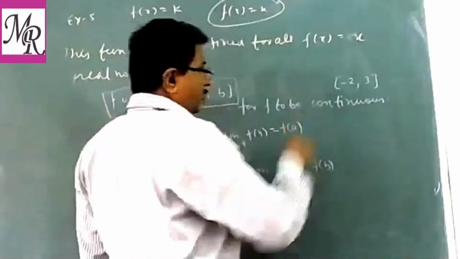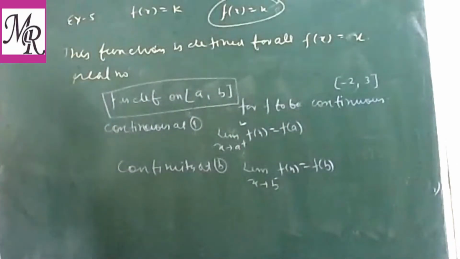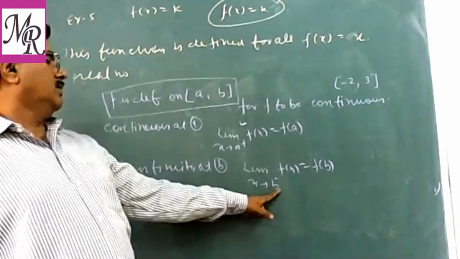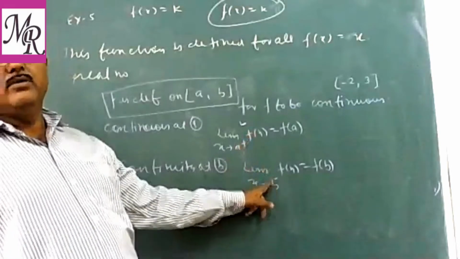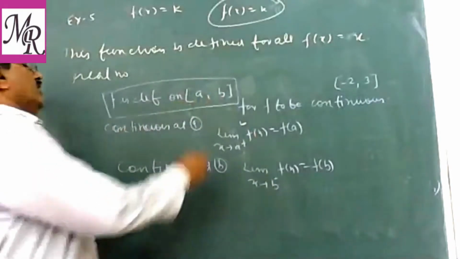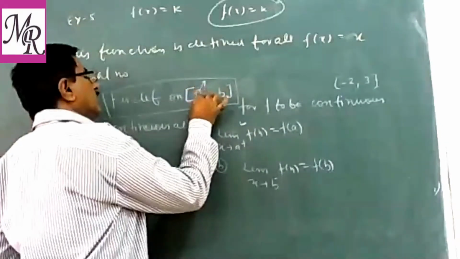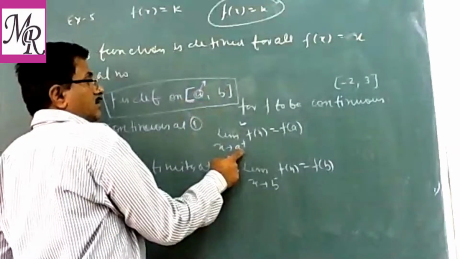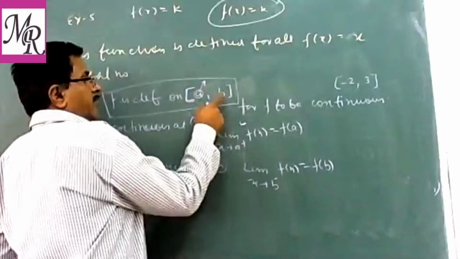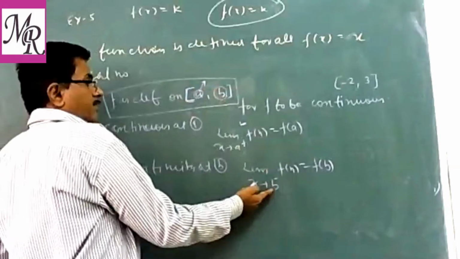अब यहाँ पे अपने दो पॉइंट बहुत इंपॉर्टेंट दिया है. Here we are taking the upper limit of this one. Clear? And here we are taking the lower limit, or you can say this is the right hand limit and this is the left hand limit. Means when you are checking for an interval and you are taking the lower limit, अगर आपको A लेना है, then you find their right hand limit, and when you are taking B, then we have to find their left hand limit.